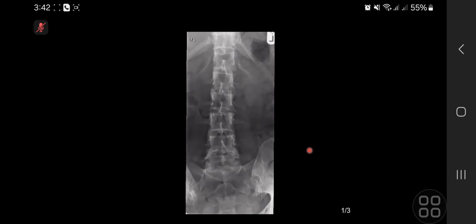I'm just looking to see the pedicles, which I'm finding difficult to see on this AP view. Yeah, I can't see any pedicles at all. And the transverse processes are present. So, in summary, this patient has clearly a congenital condition with absence of the pedicles in the lumbar spine.